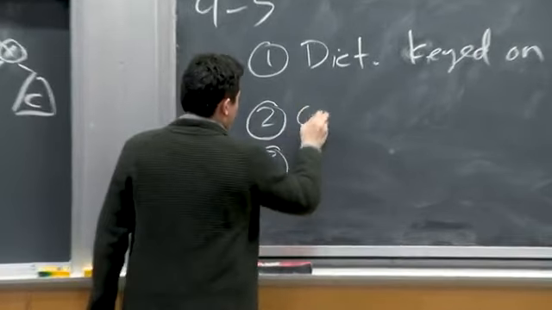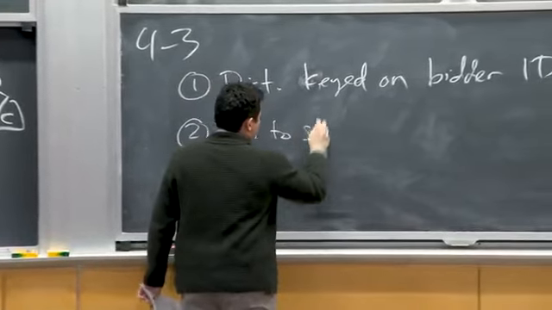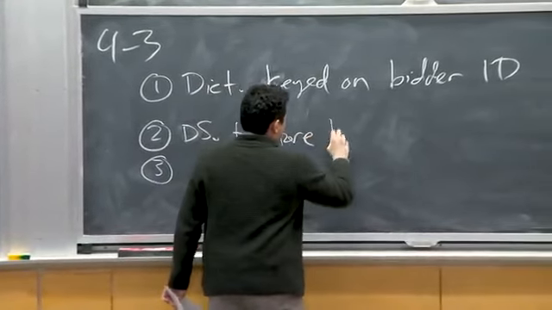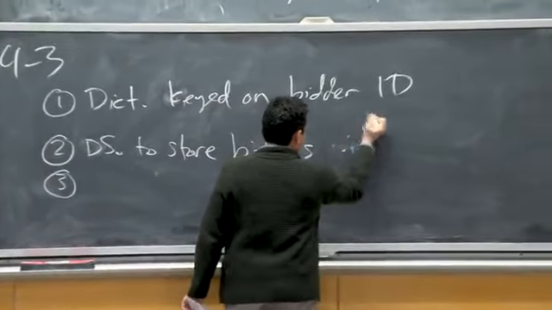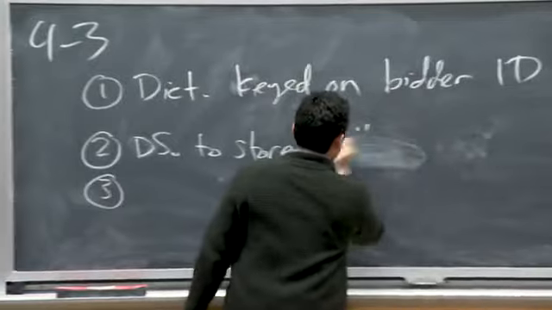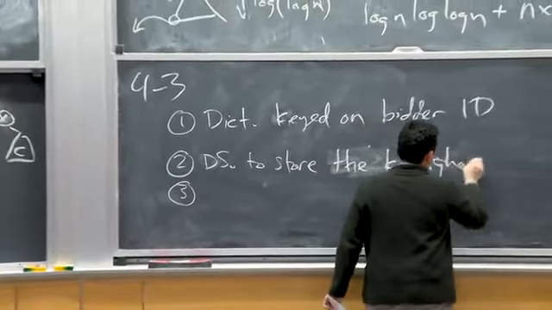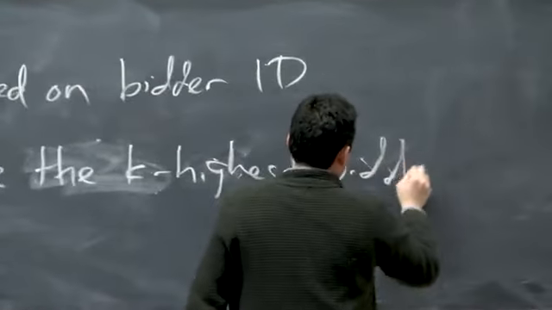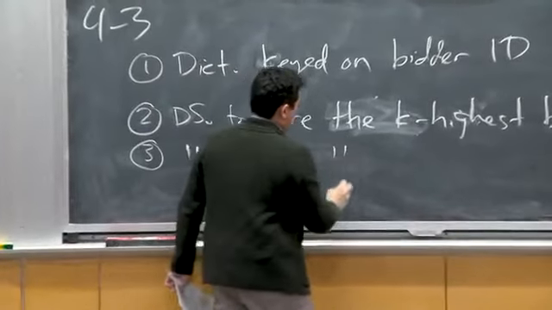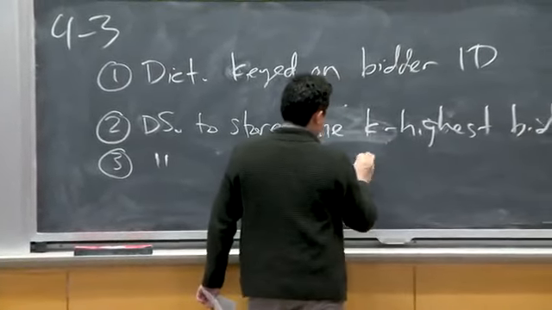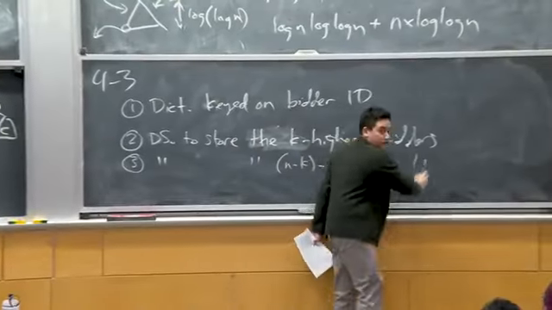One is a data structure to store the k highest bidders, and a data structure to store the n minus k highest bidders. Does that make sense?